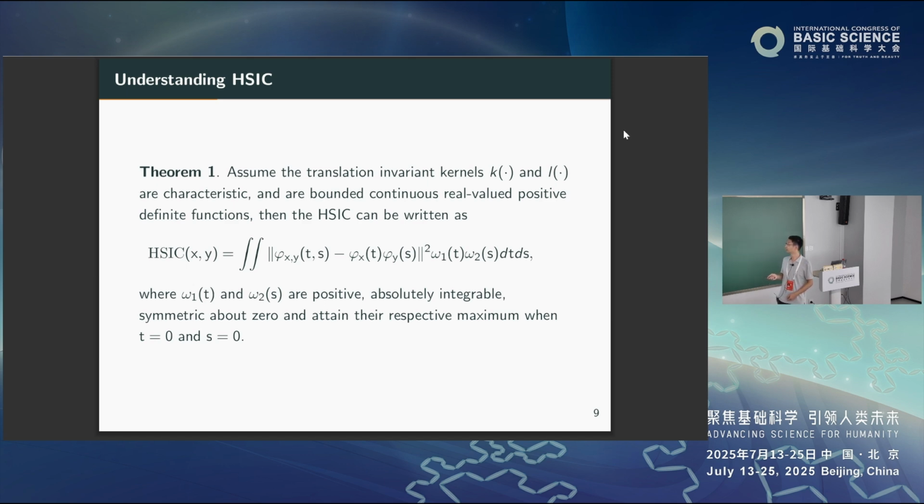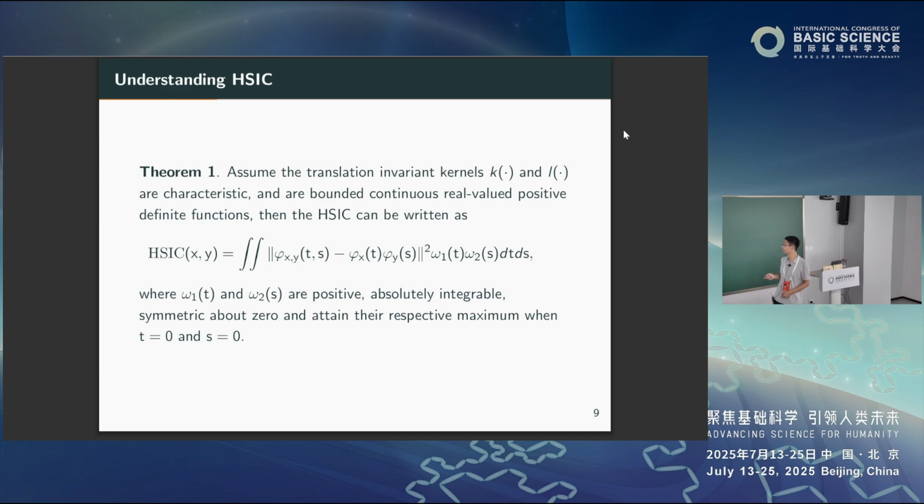The first claim, that it can be written in this form and the weight functions are positive and absolutely integrable, is a direct consequence of the Bochner theorem. So this has already been established in the literature.